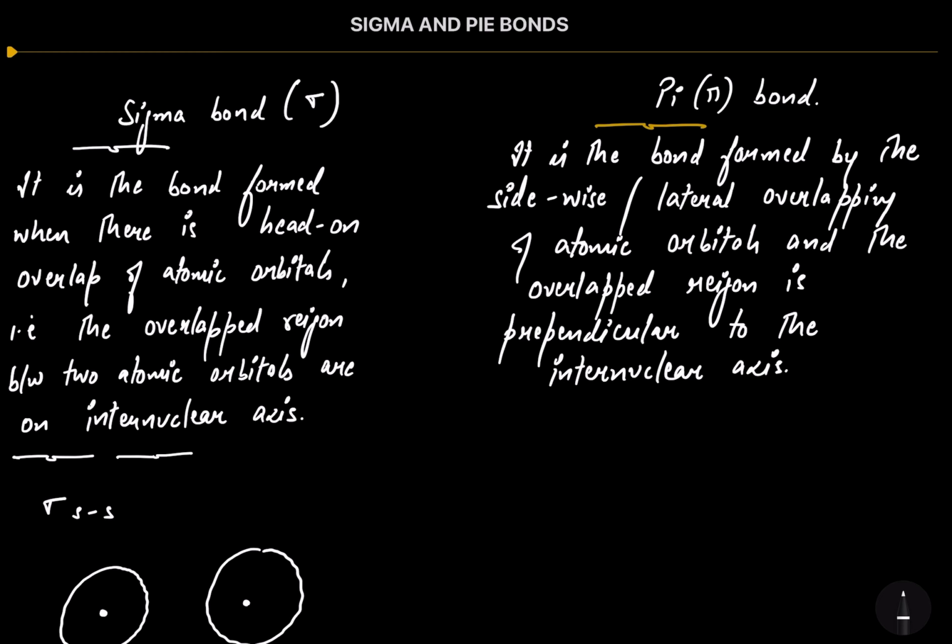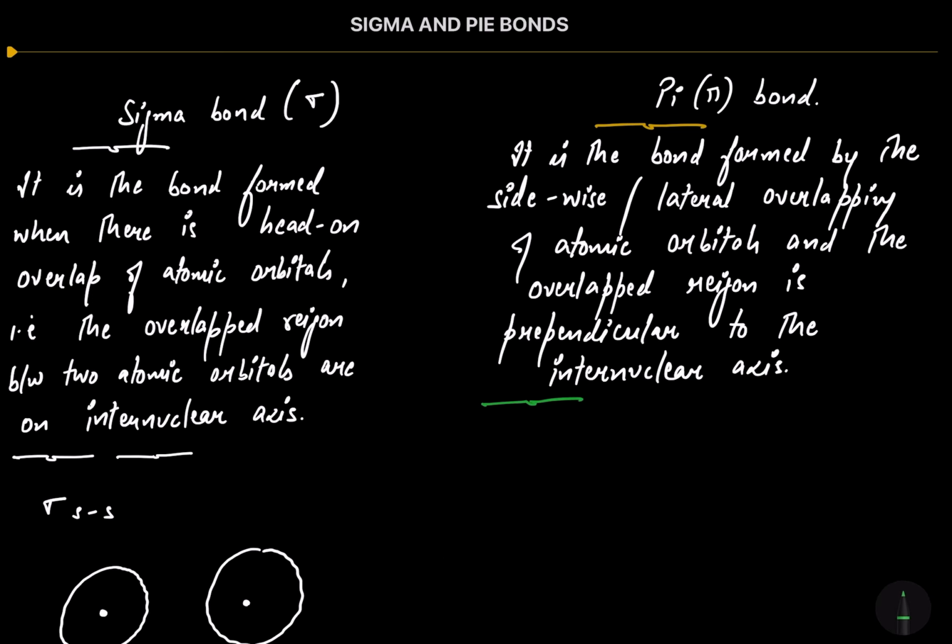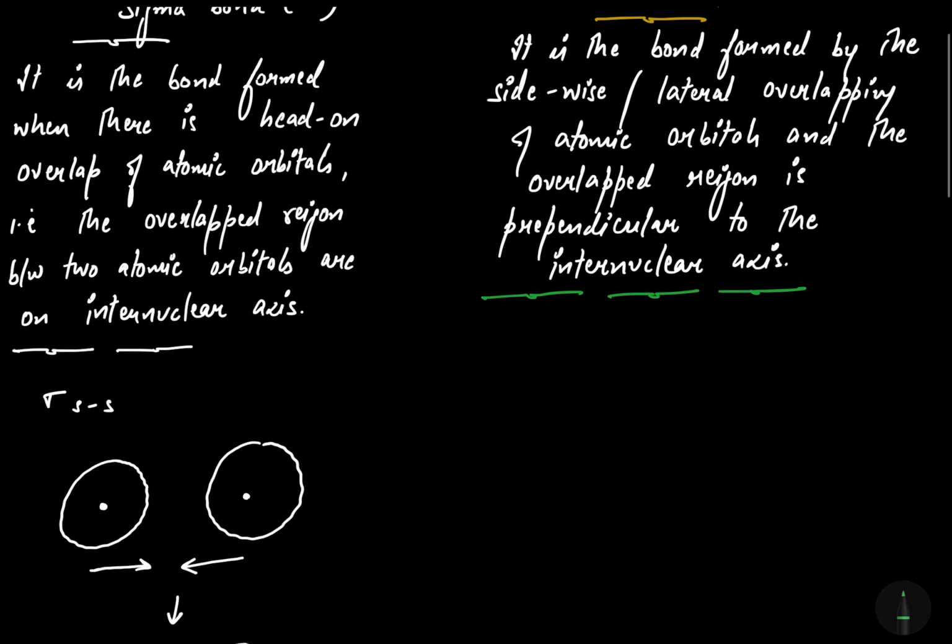Now, some very important points about the pi bond. First of all, the sidewise overlap or the lateral overlap is possible only in p orbitals.